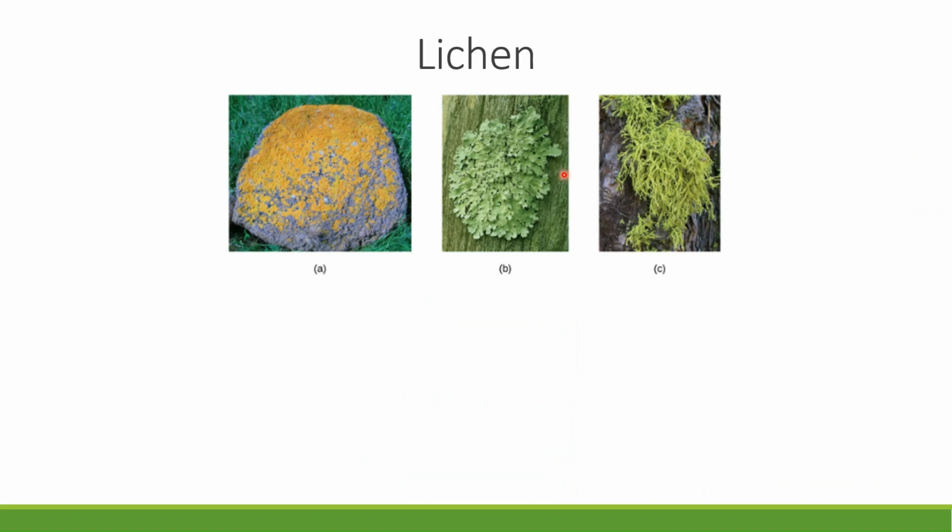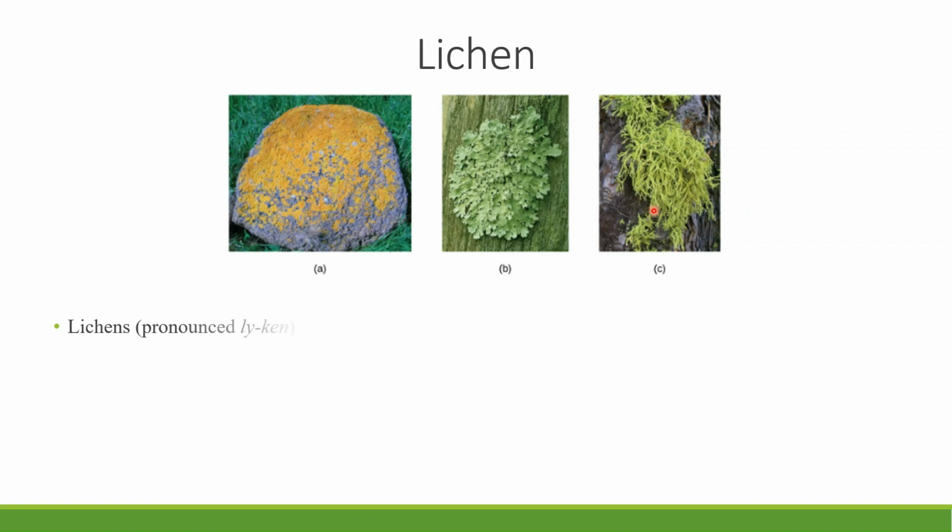Whether you see this pigmentation growing on a rock or you see it on trees, they can be lobate in nature, they can be kind of powdery looking in nature, or they can kind of look foliose, more like leaves or bushes.